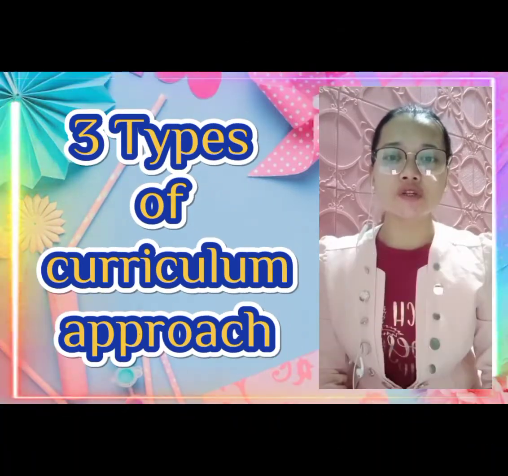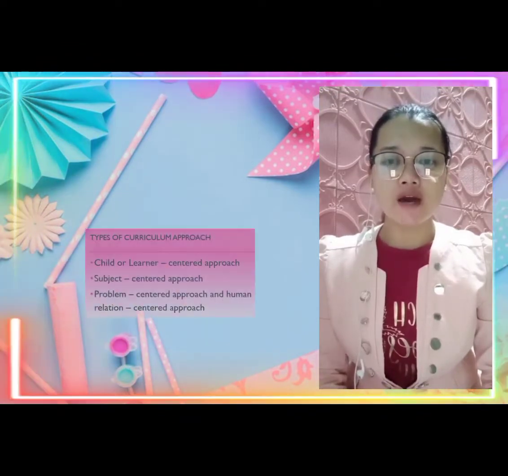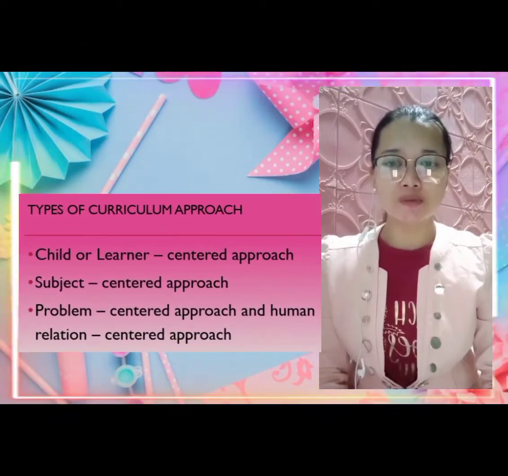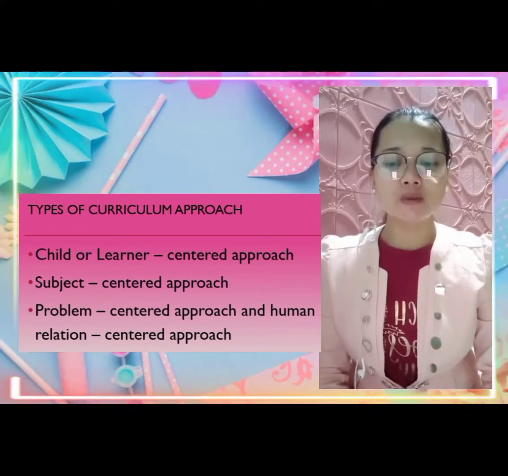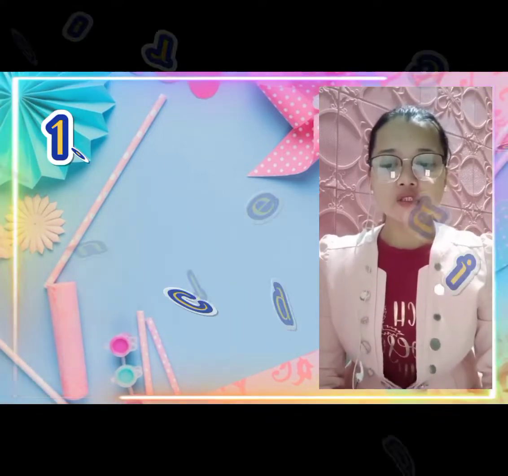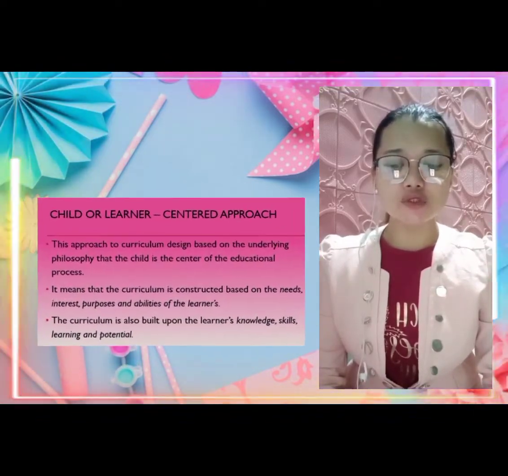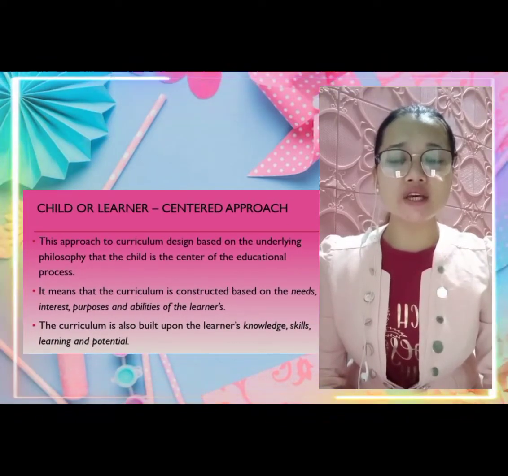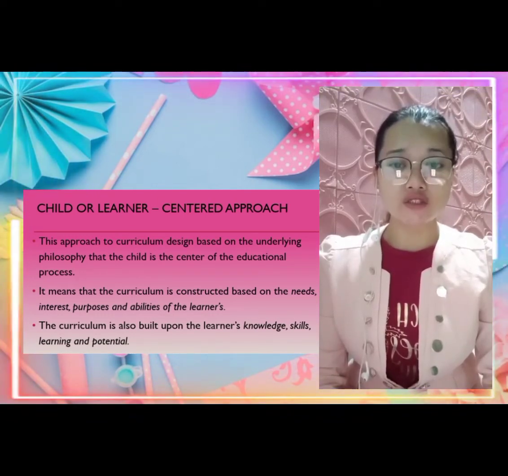So there are three types of curriculum approach. First, we have the child or learner-centered approach, subject-centered approach, and the problem-centered and human relations-centered approach. So first, we have child or learner-centered approach. This approach to curriculum design is based on the underlying philosophy that the child is the center of the educational process.